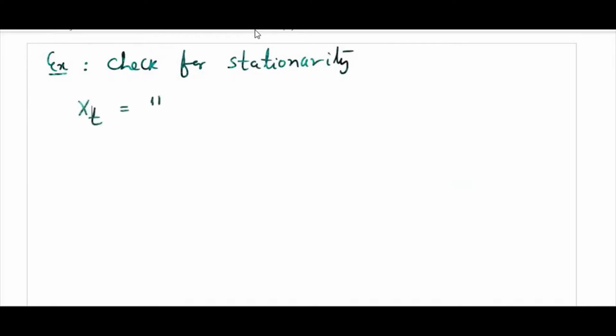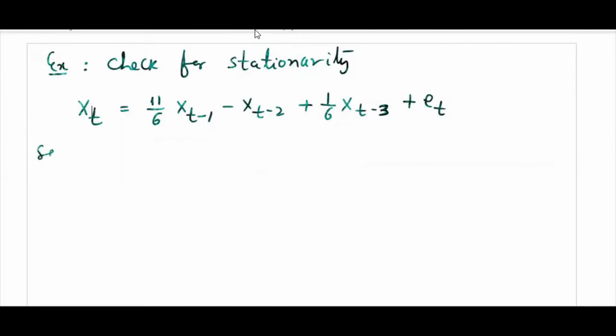Now another example. Check for stationarity once again. In this example, you have 11 upon 6 x_{t-1} plus e_t. Now you need to check.